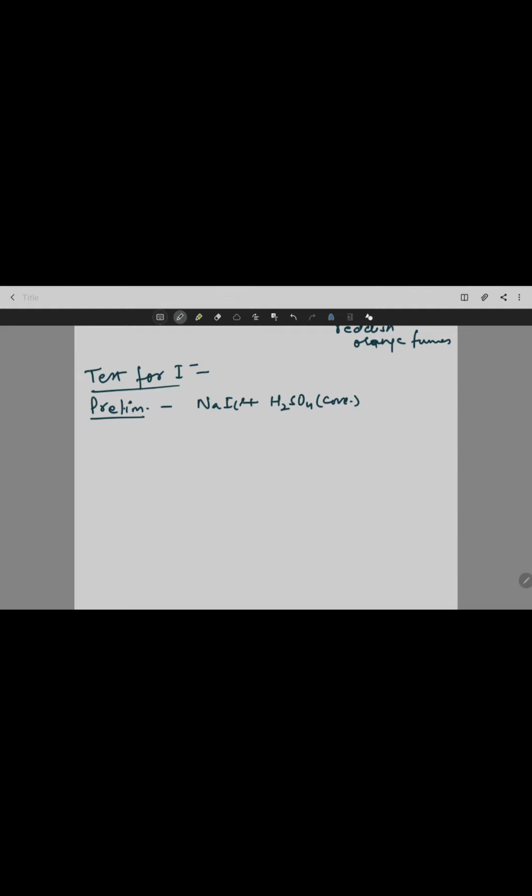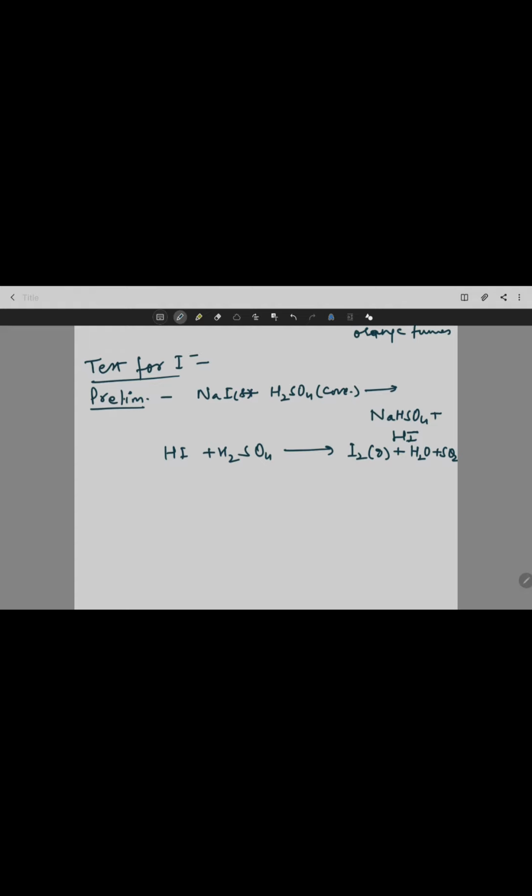We will get NaHSO4 plus HI. Now this HI will further react with H2SO4 to give iodine vapors, I2 gas plus H2O plus SO2. So this is the chemistry behind the preliminary test.